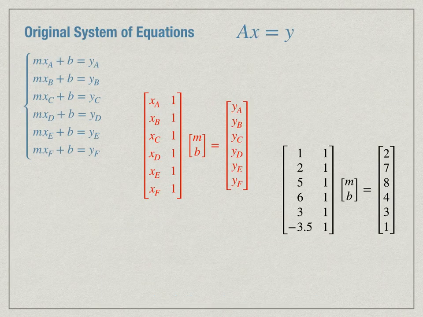Now going back to the system of equations and using the matrix equation, you plug in the x and y values of the 6 points to get a matrix equation to solve for m and b, which are the slope and the y-intercept of the line of best fit.